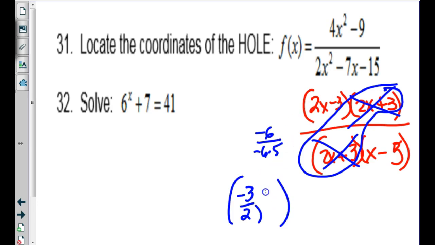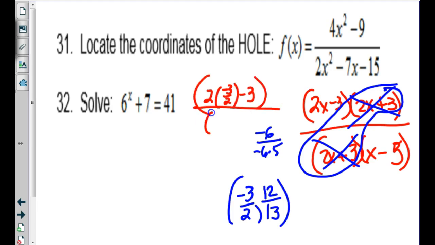That's not reduced. Oh, 12 over 13. I thought you said 15. I went really fast, but you plug in 2 times negative 3/2 minus 3 all over negative 3/2 minus 5. Okay? I think I did it right.